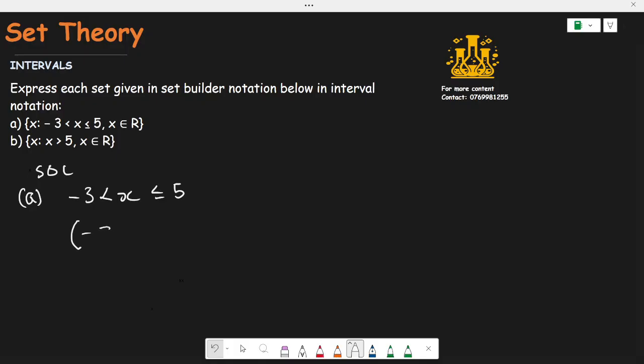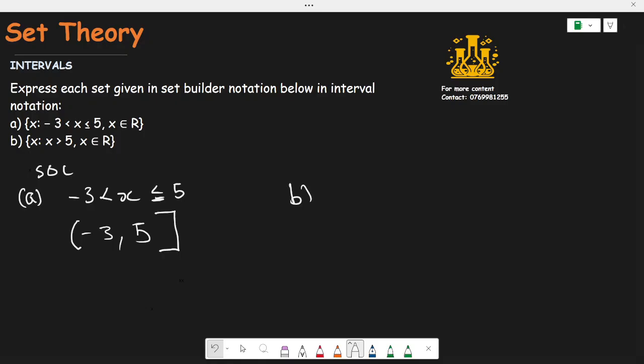Then we have our 3, comma, our 5, and since we have a less than or equal to, there is an equal to here. The type of bracket that we're going to have this side is this one. If you watched our video on intervals, you quickly understand what I've just done here.